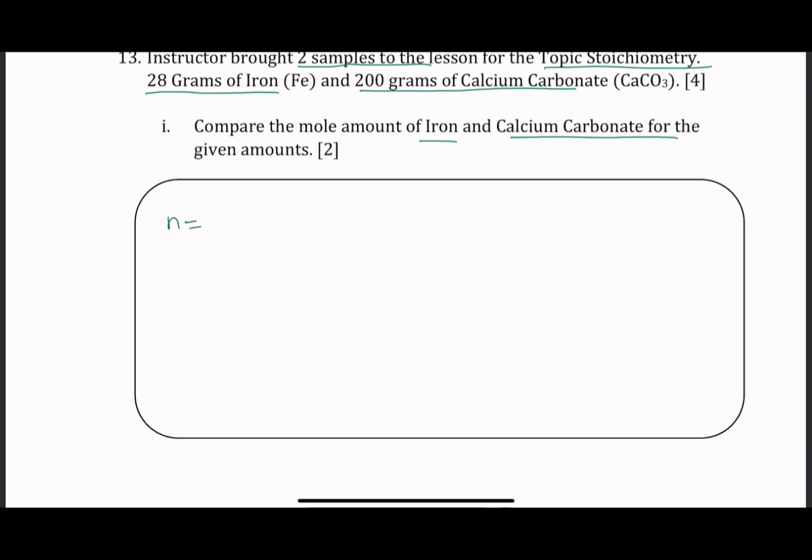We need to find the moles of iron. This would be m iron divided by mm iron, and you can find from the periodic table that the iron atomic mass is 56. This would make it 56 gram per mole, and then this would be 0.5 mole.